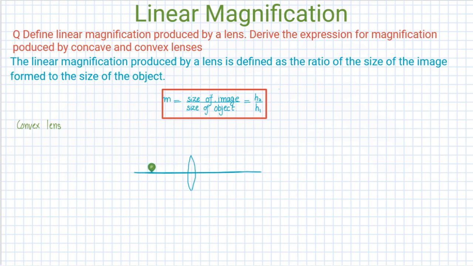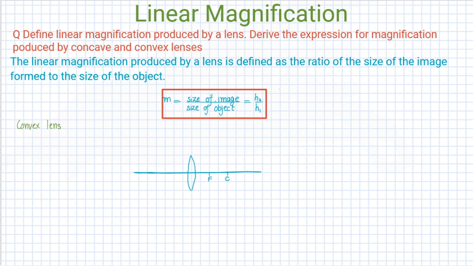Okay. So if this is your principal axis, then for the first surface, let this point be the focus and this point be the center of curvature.